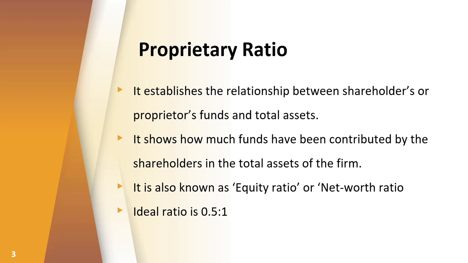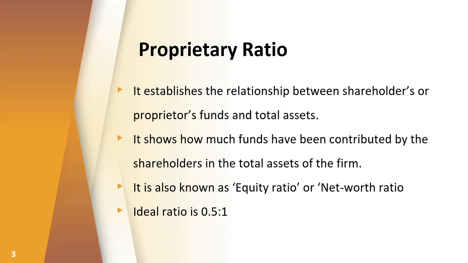The ideal proprietary ratio is 0.5:1. From this explanation, we can understand that the proprietary ratio, which is used to measure the relationship between the shareholders' fund and the total assets, also indicates how much fund has been contributed by the shareholders in the total assets of the firm.